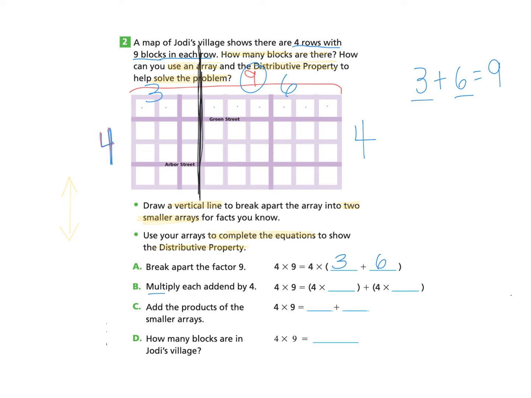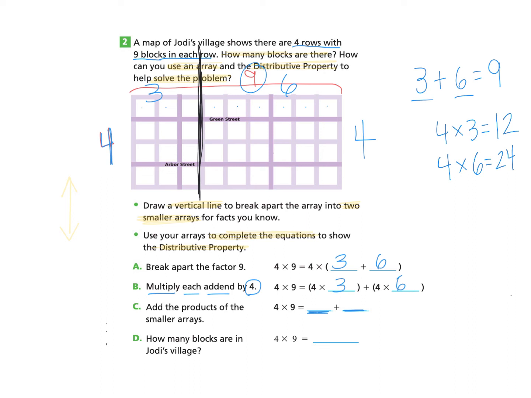Now it tells me to multiply each add-in, which are the numbers I wrote in, by 4. So I'm going to do 4 times 3 and 4 times 6. So when I do that, I'm going to put the products here. So 4 times 3 equals 12, and 4 times 6 equals 24.